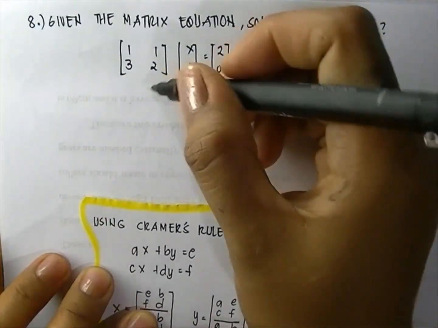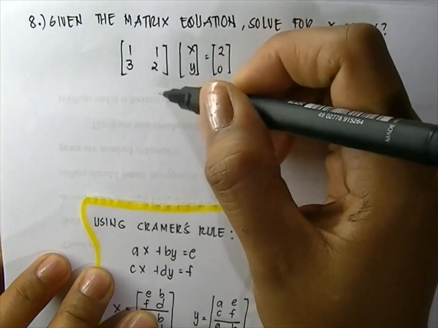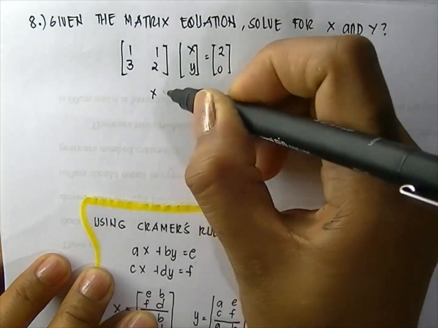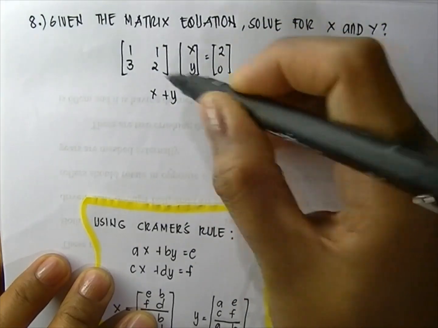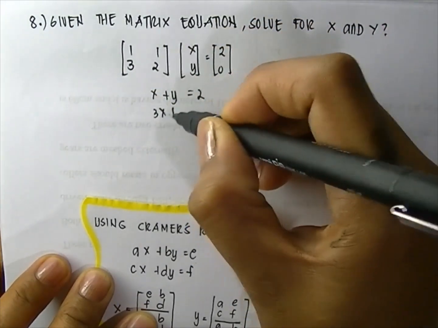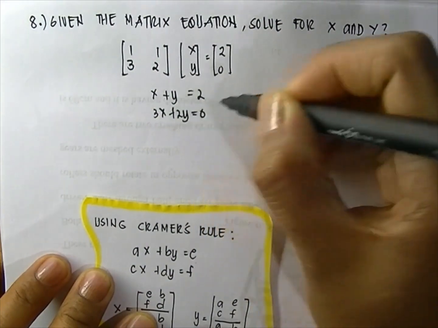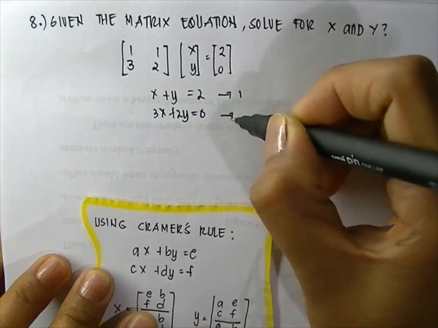So we have x plus y equals 2, 3x plus 2y equals 0. This is 1 and this is 2.